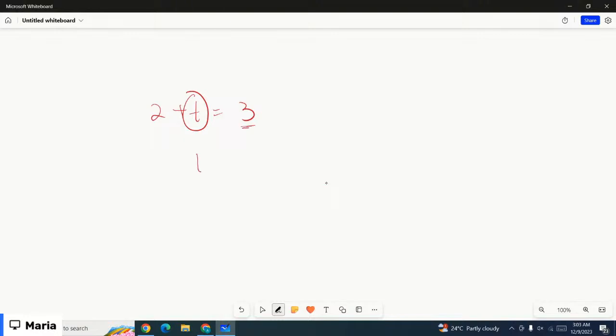So let's calculate t. Here 2 is added to t, move it to the other side, so it would be 3 minus 2, and 3 minus 2 is 1. So you can see when you add 2 plus 1, 2 plus 1 equals 3. Both sides are exactly equal, right? That means t equals 1 is the solution of the given equation.